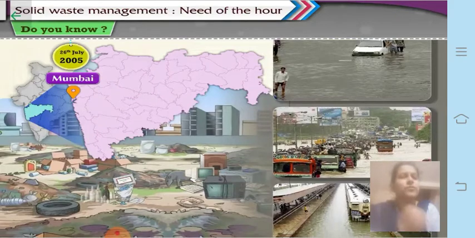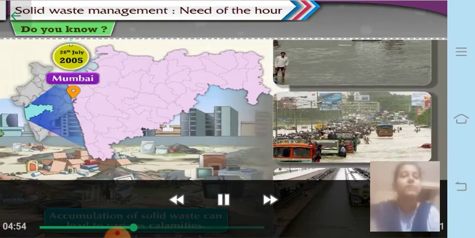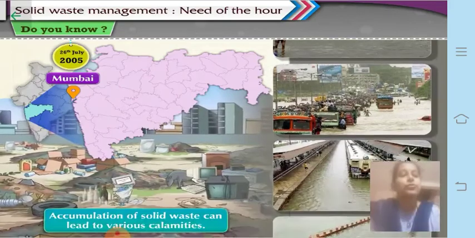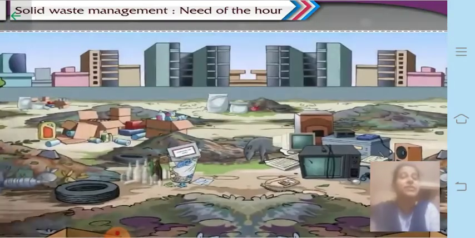It was a very serious problem at that time, and it all happened just because there was no proper disposal of solid waste, or no solid waste management. And every year this happens in Mumbai, because proper disposal of solid waste is not done. So it's a serious problem. It has led to accumulation of solid waste and can lead to various such calamities.